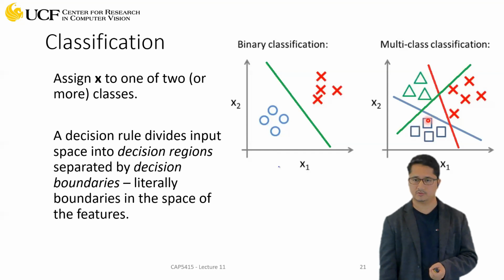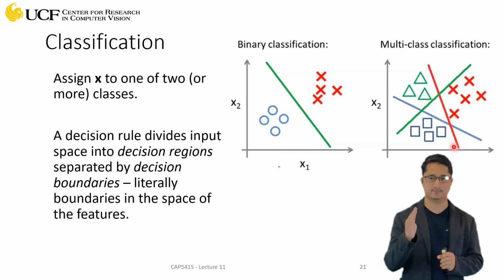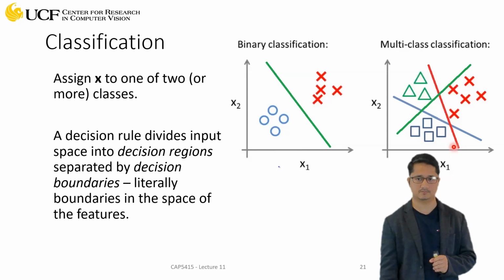Okay, so if you think about this, one simple way to solve this is, when you are learning this red line, that could be your one classifier, and of course you can learn that function. What you can do is treat these crosses as the positive class, and treat the green triangles and the blue squares as the negative class.